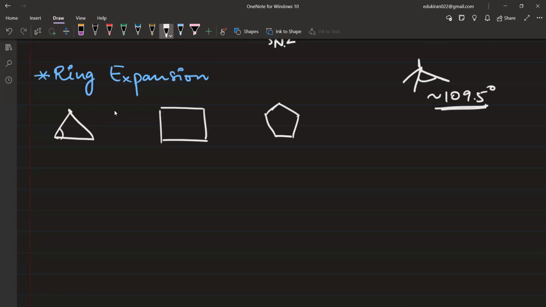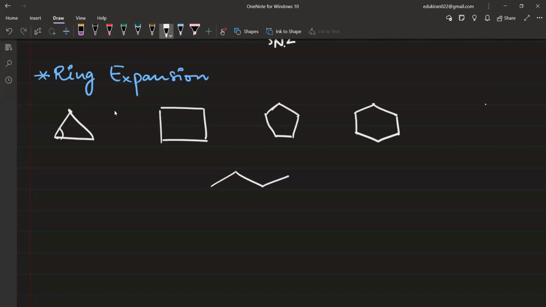Cyclopentane. And then we have the 6 carbon atom ring, which has 109 degree. You draw the structure of cyclohexane like this, but the actual structure of cyclohexane is something like this. Okay, so 1 2 3 4 5 and 6, all of these are 109.5 degrees.